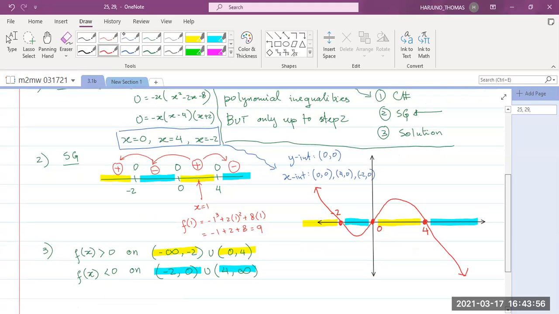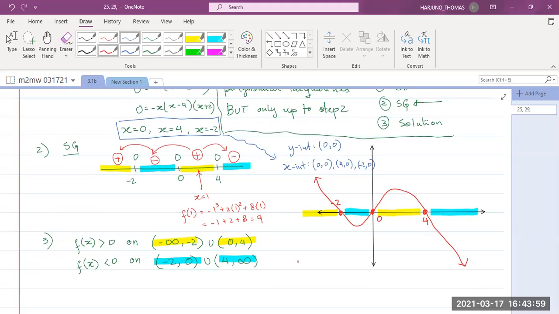Now we can confirm something, another follow-up note. Notice that f(x) is -x cubed something, right?